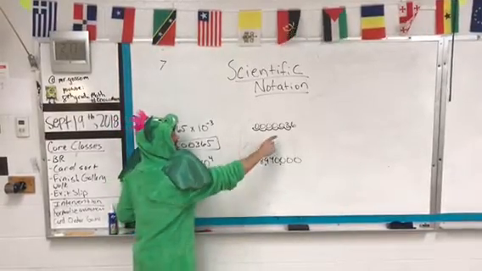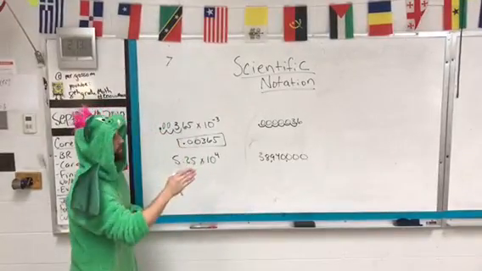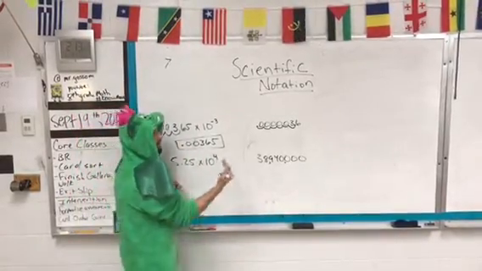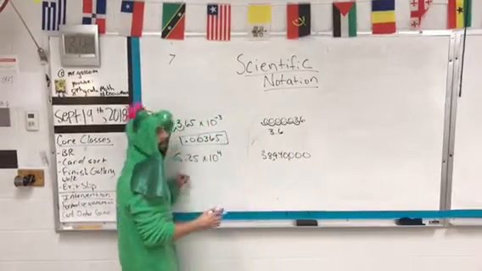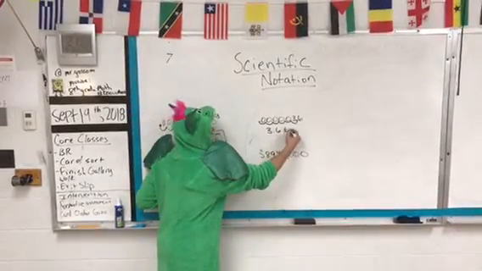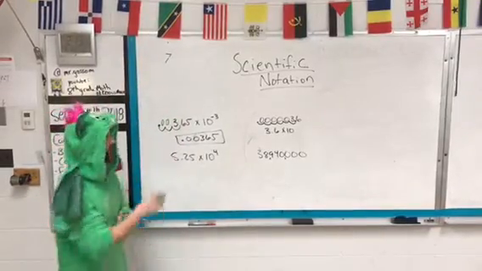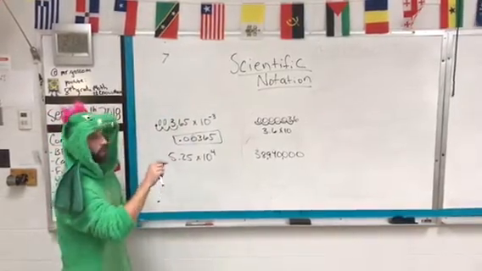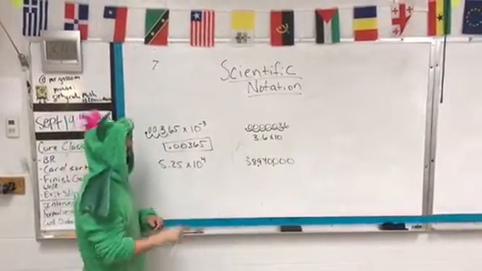You stop when there is one number, 1 through 9, in front of that decimal. So it becomes 3.6. And we always use times 10 because that is what we count by. We count by 10. Every time you have ones, it goes up to 10, it's a new spot.